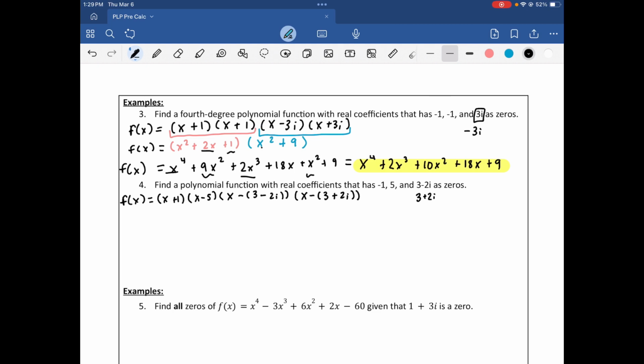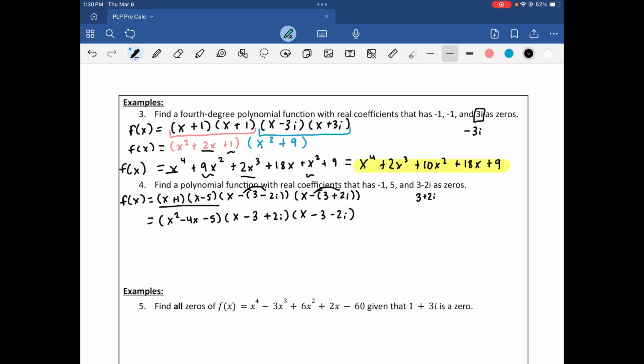Okay, now I'm going to go ahead and distribute this negative throughout, at the same time that I'm FOILing these first two terms. So I've got x squared minus 4x minus 5. And then I've got x minus 3 plus 2i and x minus 3 minus 2i.